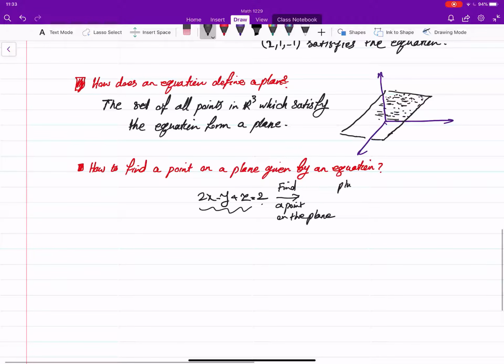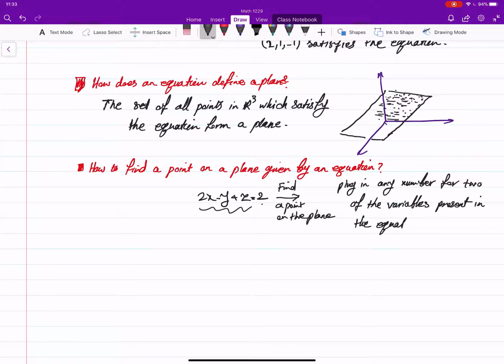Plug in any number you like for two of the variables present in the equation. For example, in this case, I can say, just random, x to be 10, y to be negative 5.